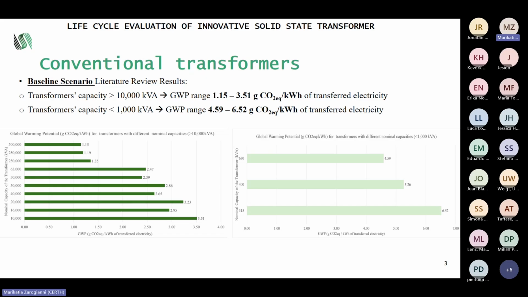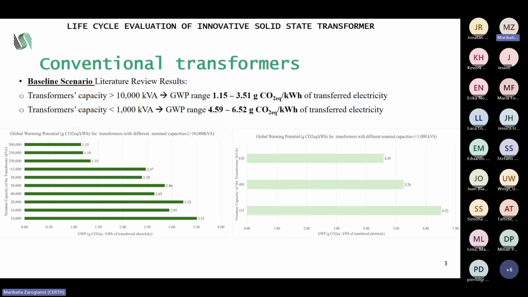The figures here depict the global warming potential in terms of grams of CO2 equivalent per kilowatt hour for transformers with varying nominal capacity. Both figures highlight the relationship between transformer capacity and the environmental impacts. The first figure illustrates the transformers with capacity higher than 10,000, and the other one with capacity lower than 1,000.